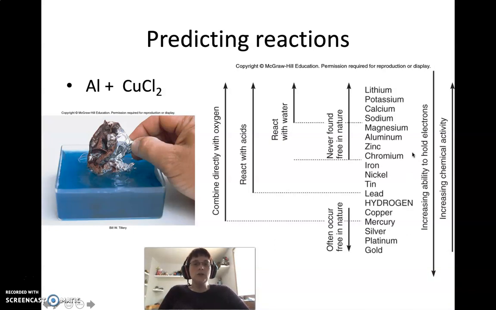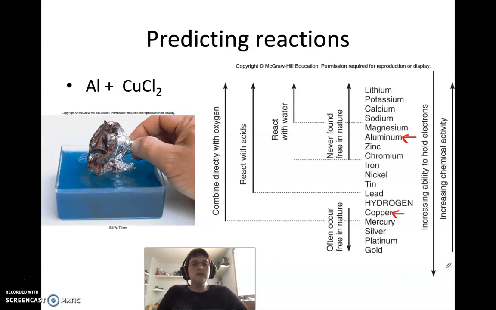So we're going to look for aluminum. So here is aluminum. Let me grab my pen. Disappeared again. So there's our aluminum. And we're going to look for copper. So where is copper? There's copper.